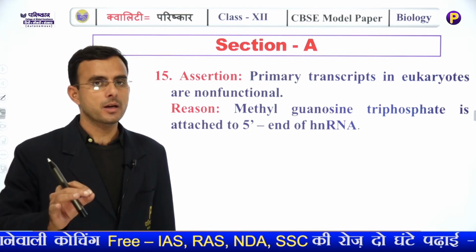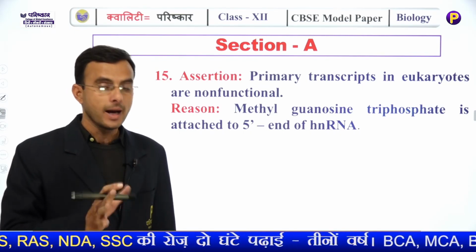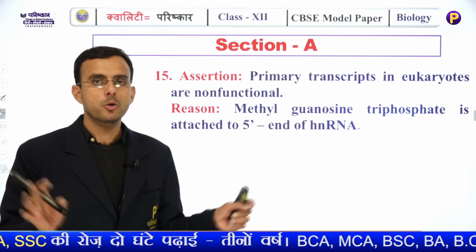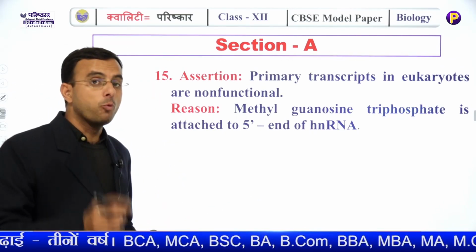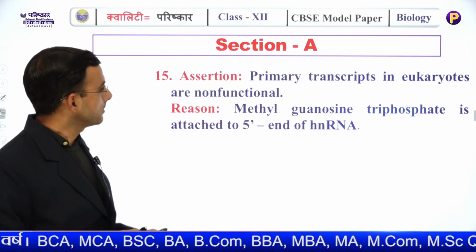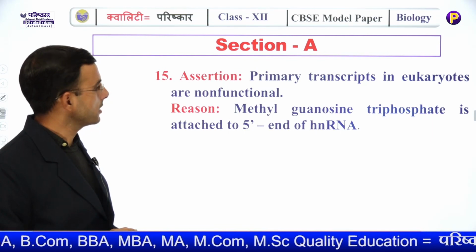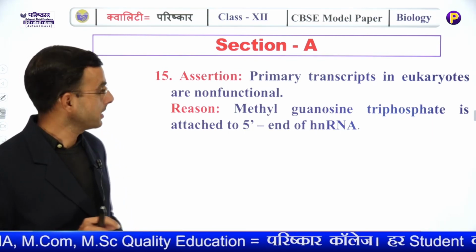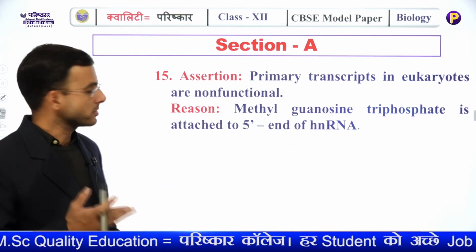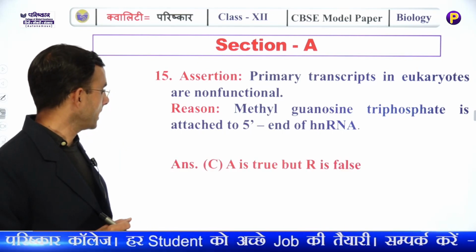After that, processing takes place, and in that processing the introns are removed and it is converted into a working mRNA. Methyl guanosine triphosphate is attached to the 5' end of hnRNA, heterogeneous RNA, because that mechanism of RNA processing is taking place. So the right answer is C.